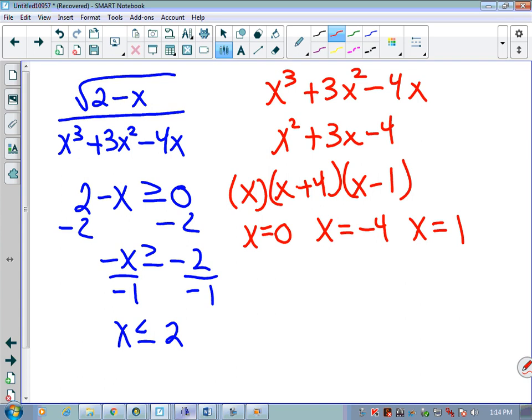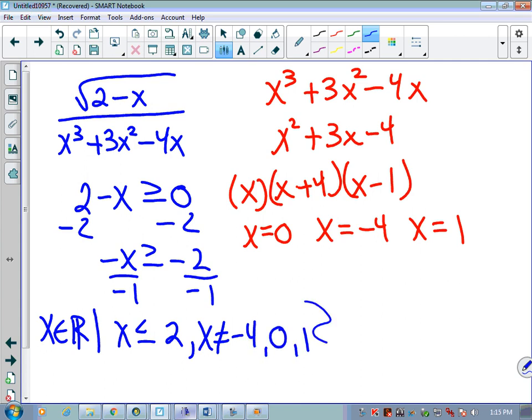So what we're saying here is that x is the set of all real values such that x is less than or equal to 2, but x is not equal to negative 4, 0, or 1, because all of those are the zeros of my denominator. If I have 0 in the denominator, it's an undefined, imaginary or unreal number. So that's the end of question number 11.